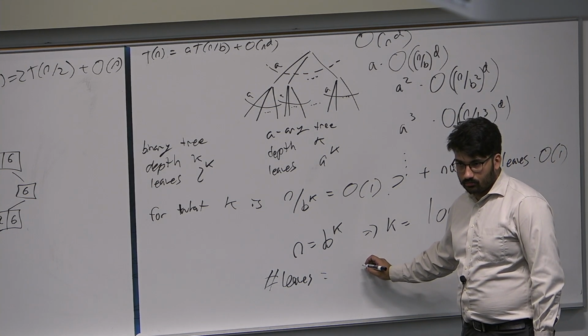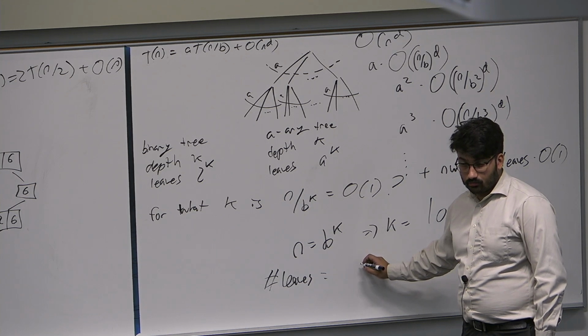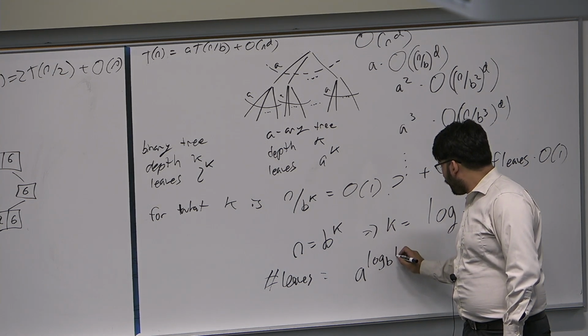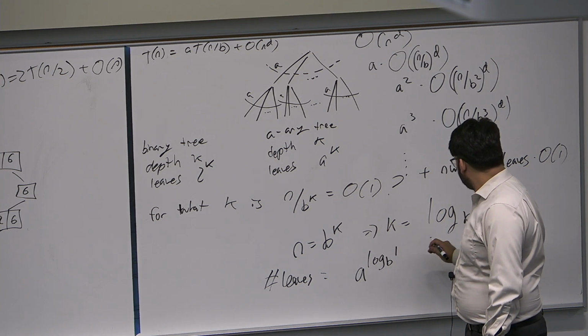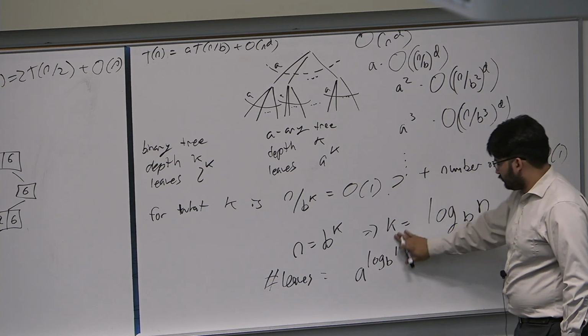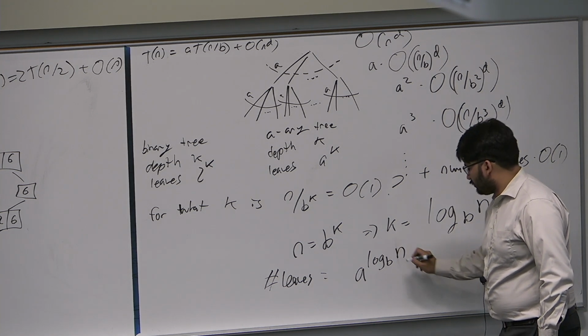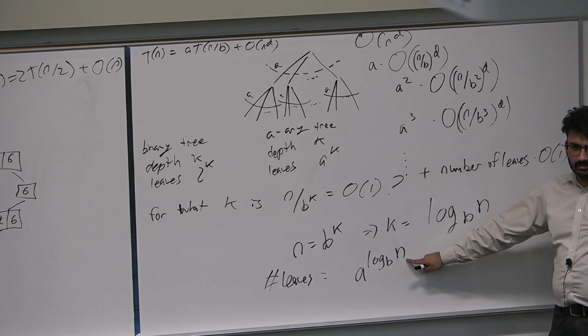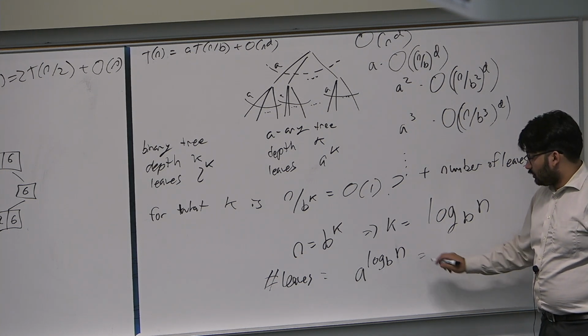Someone say it? a^(log_b n), yes. Oh, my bad. Thank you. Now, if you know your log rules, we can rewrite this as n^(log_b a), which is log a over log b. That's a different log rule.